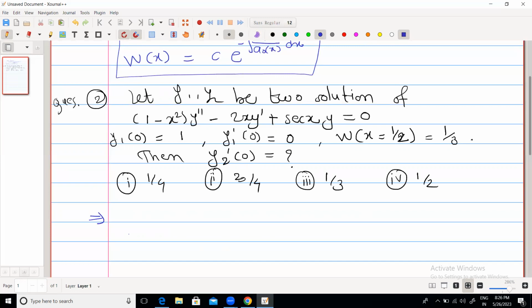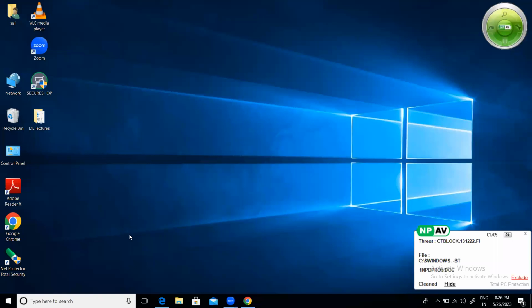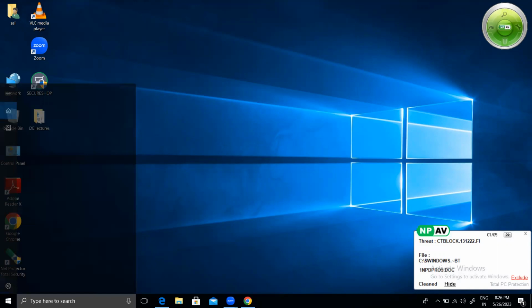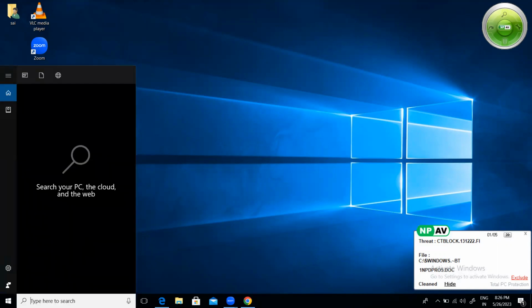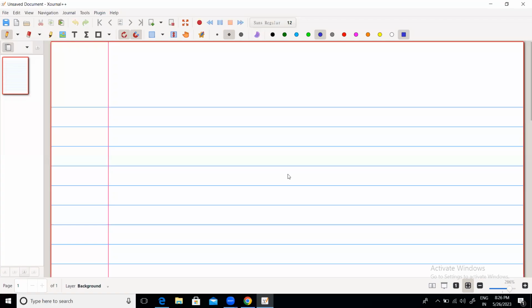Okay, so what is the given differential equation? (1 minus x square) y double dash minus 2x y dash plus sec x y is equal to 0. Okay, question 2.